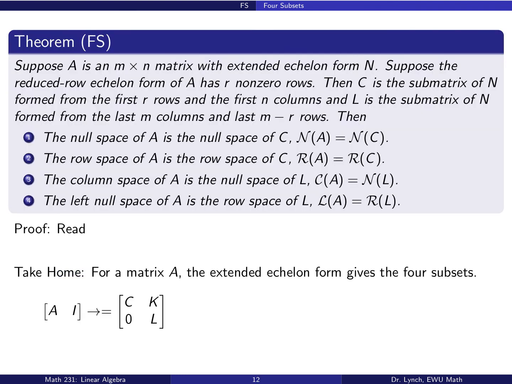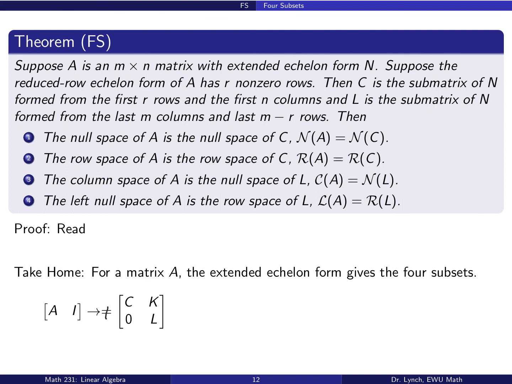The four subsets of a matrix A are the null space of A, that's also the null space of that matrix C, the row space of A, which is also the row space of that matrix C, the column space of A, which is the null space of the matrix L, and the left null space of A, which is the row space of that matrix L. Okay, and again here the take-home message is that extended echelon form gives those four subsets.